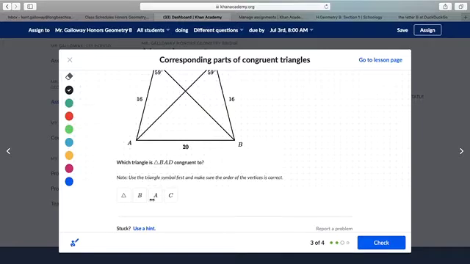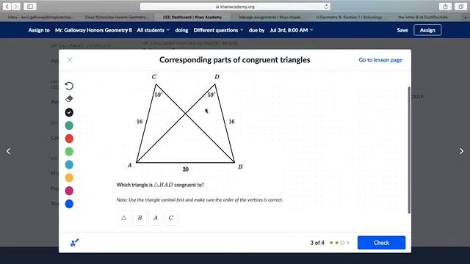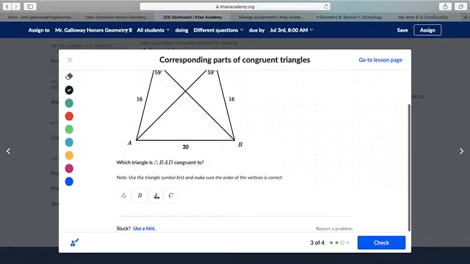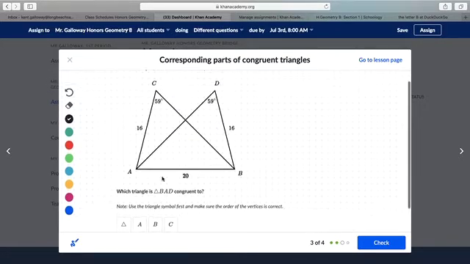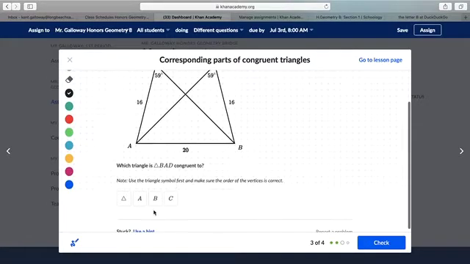So let's see if this works. BD needs to match up with BC, and they don't. BD matches up with CA. So let's try moving it here. ABC: AB needs to match up with BA, that's right.